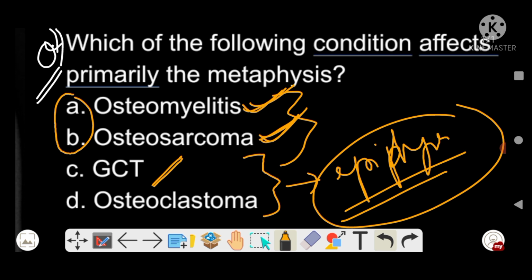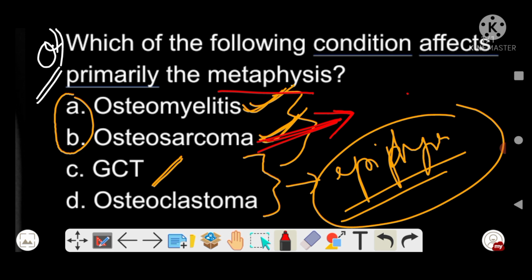Now I will also discuss some important bones where you will usually find these tumors. Let us discuss in this slide only. Osteosarcoma can affect any bone, but most commonly involves the long bone metaphysis, as I already discussed in this question.